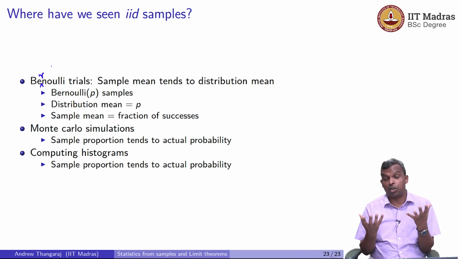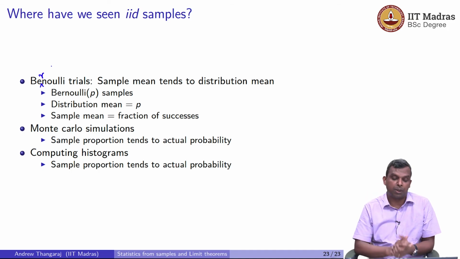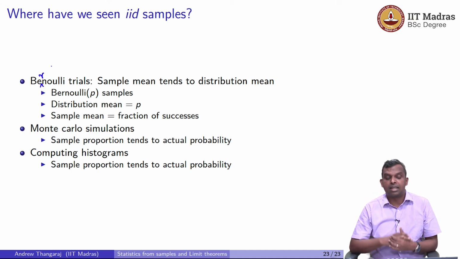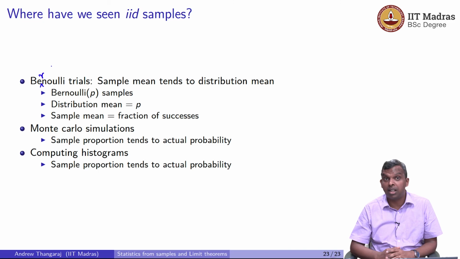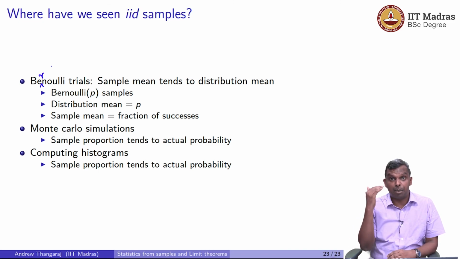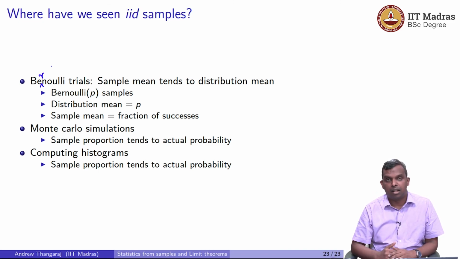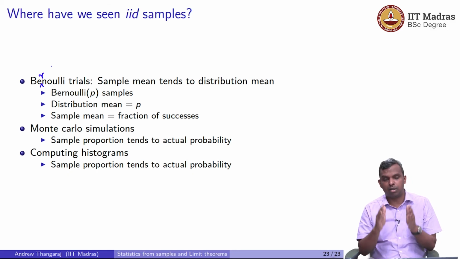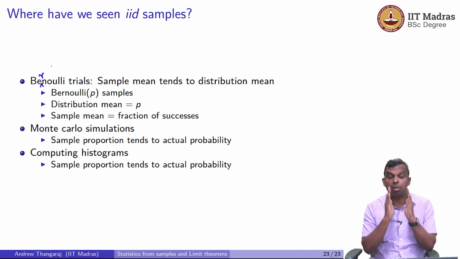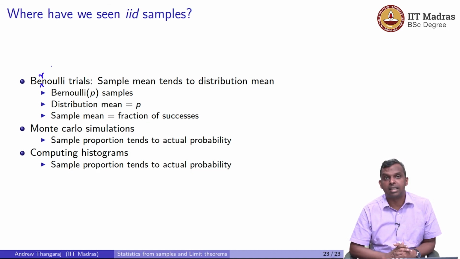So I know the fraction of successes is going to go close to P. In Monte Carlo simulations, the sample proportion tends to the actual probability. You remember that's what we did, right? N_A by N. The sample proportion in Monte Carlo simulation tends to the actual probability. Same with the histograms. How did we do it? The number of values in the bin divided by the samples, that's going to tend towards the probability of a random variable falling inside that bin.